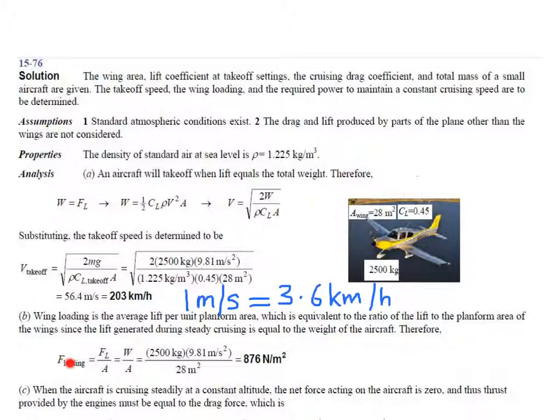Therefore, the loading is given by the weight, assuming the aircraft is not rising or falling, which is W. You know that the aircraft weighs 2,500 kilograms or 2.5 tons, and the planform area of the wing is given as 28 meters squared. So the wing loading is 876 Newton per meter squared.